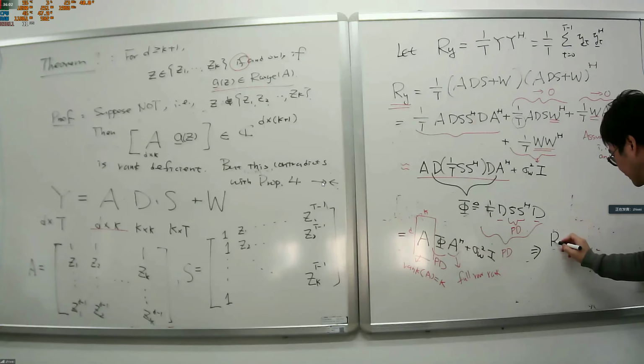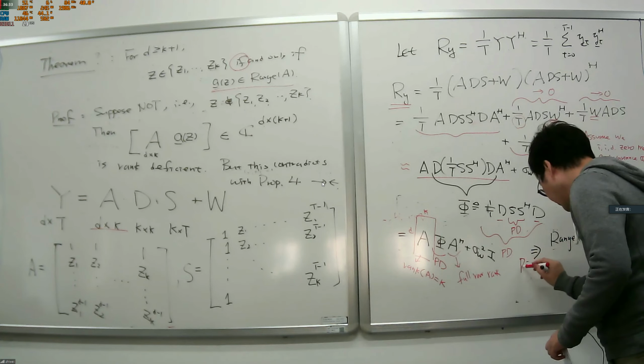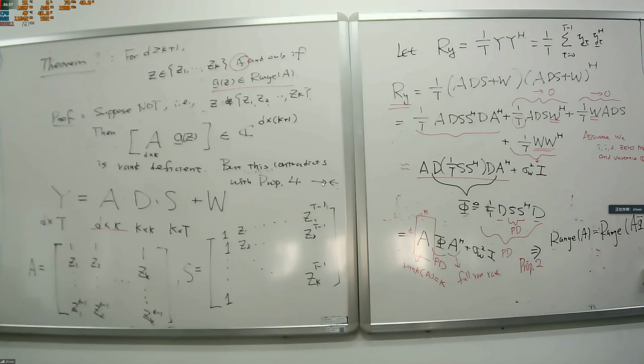So here we get the range space of A is equal to the range space of A phi A Hermitian, because phi A Hermitian is full row rank, by property 2. This means the range space of A is equivalent to the range space of A phi A Hermitian inside this correlation matrix.